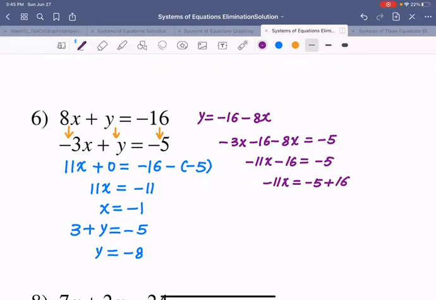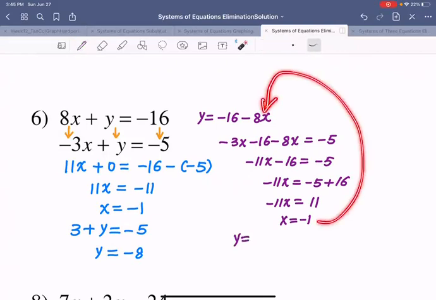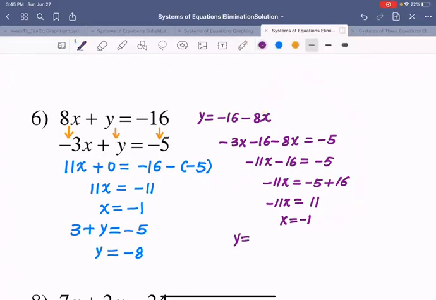X equals negative 1. Very good. Plugging back, y equals? Y equals negative 12.